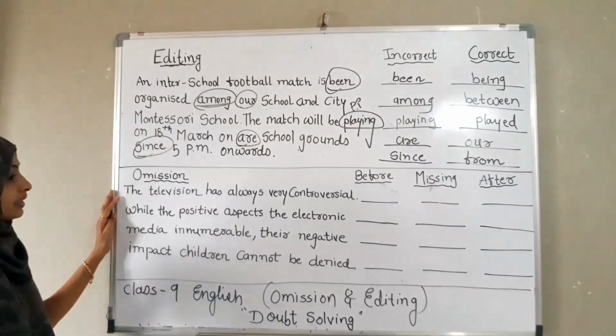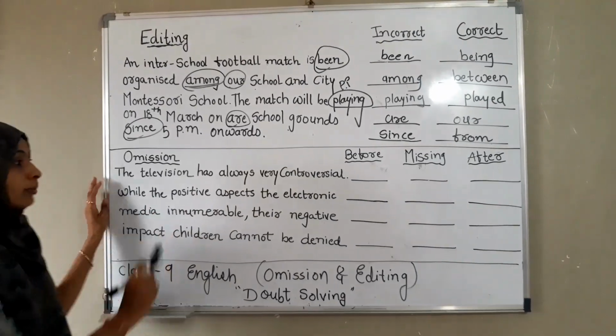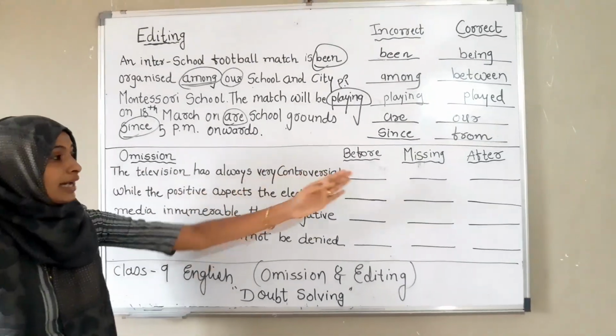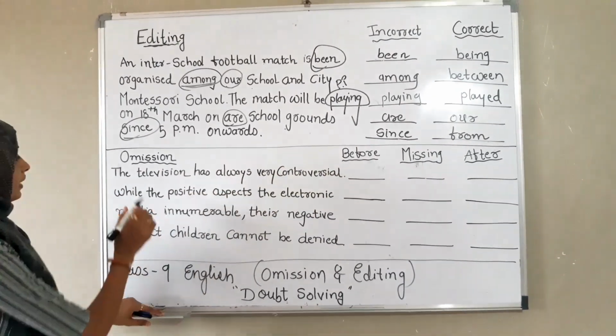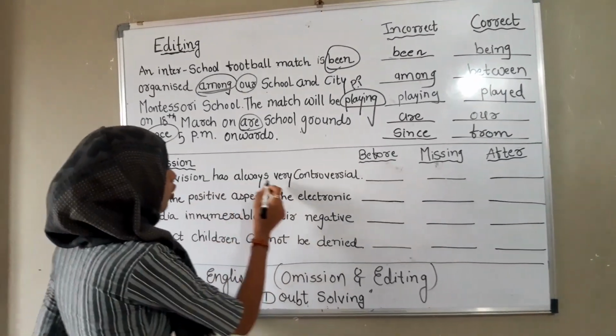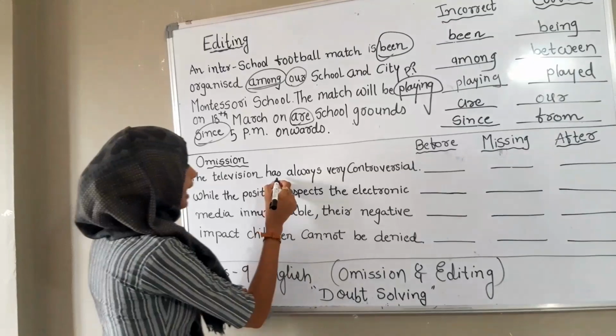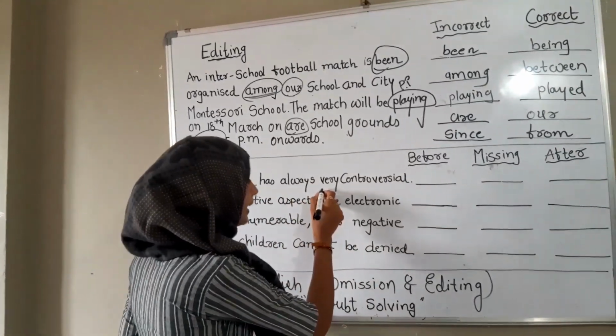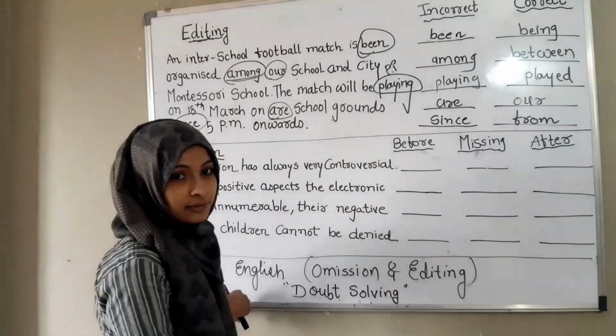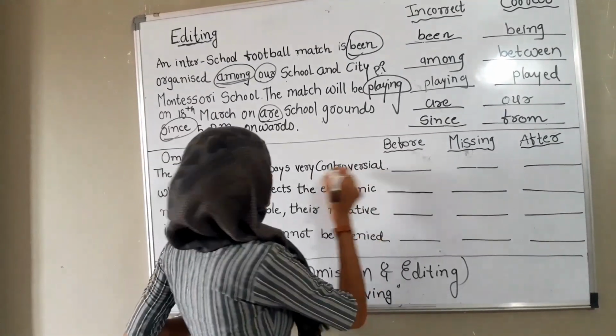Now we'll see omission. Here one word is omitted, we have to find it and write the missing word. The television has always very controversial. Here, between has and always, one word is missing. We have to find which word is missing here.